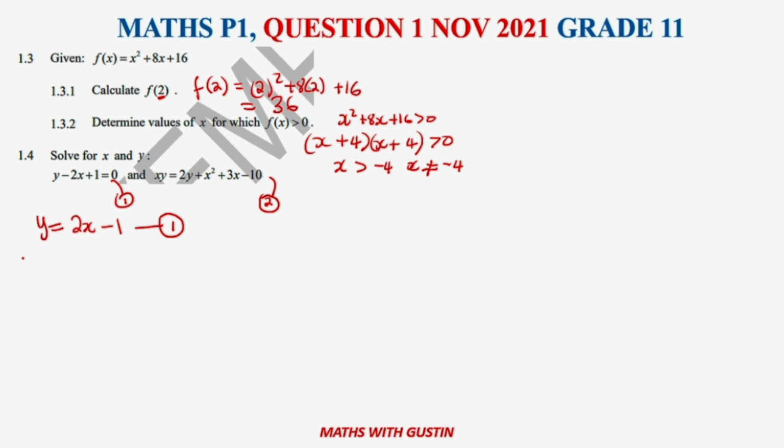Therefore you are going to say, sorry man, I said 3 but I'm writing 1. Okay, sub equation 3 into equation 2. Let's do that. Equation 2 says xy. I'm just going to put it here so that we make life easy for ourselves and avoid mistakes: 3x minus 10.